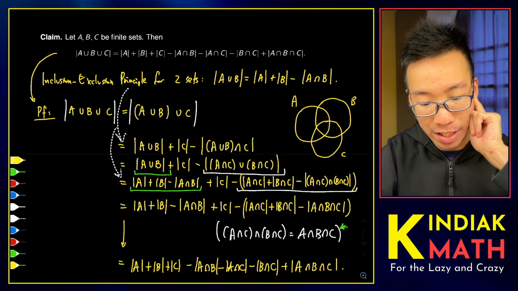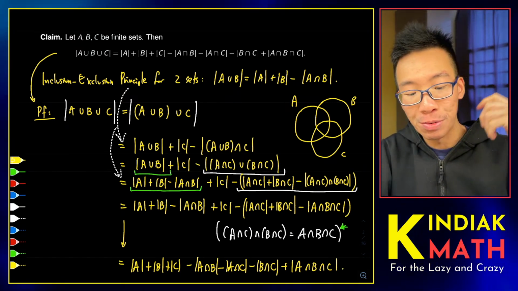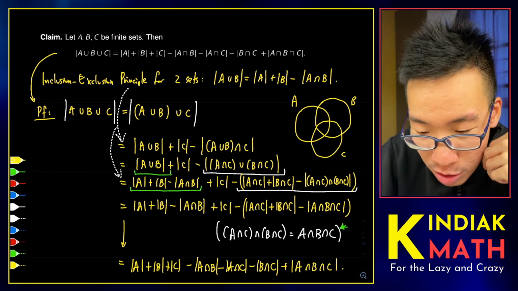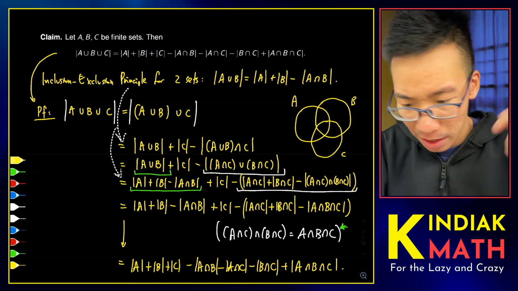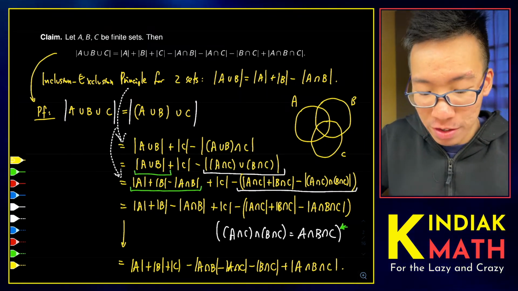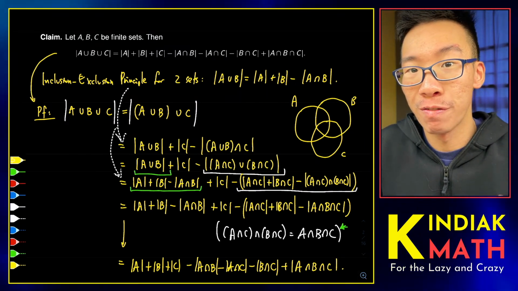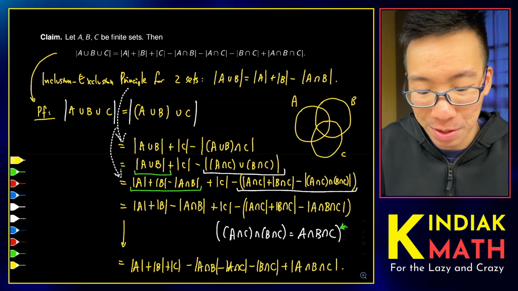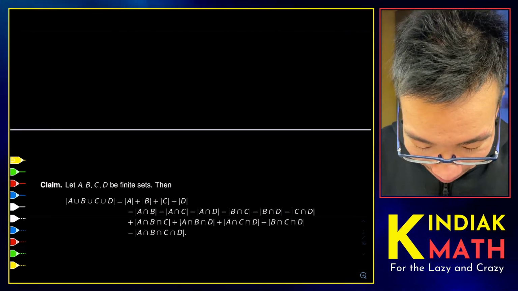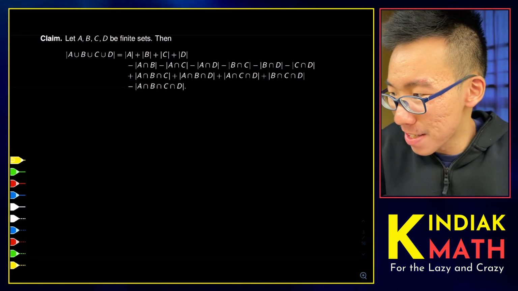And that is the way we can derive the inclusion-exclusion principle for three sets. Now, very naturally, we might want to ask, can we do this for 4 sets? And the answer is yes, we can do it for 4 sets. So, here's the statement for 4 sets.